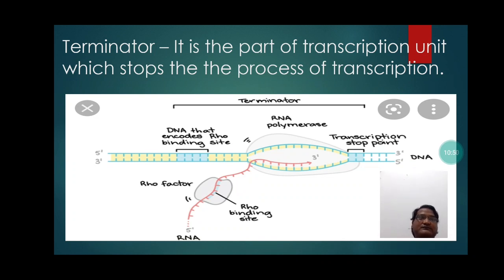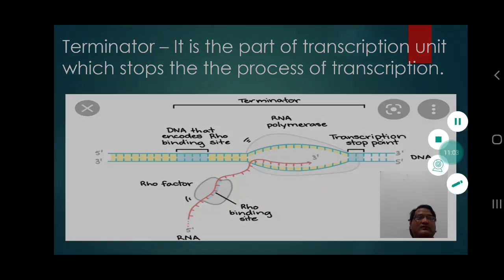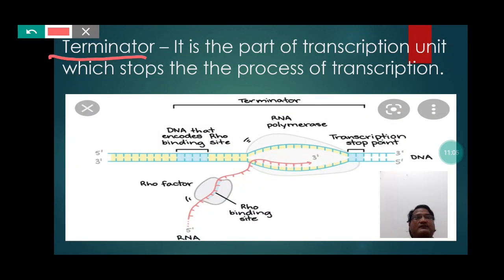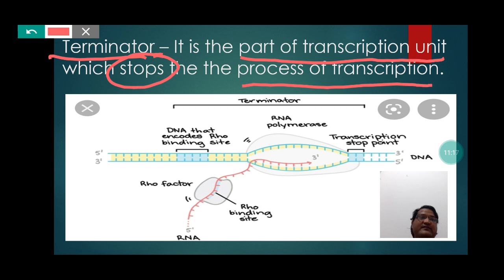Terminator. It is the part of transcription unit which stops the process of transcription. So students, terminator is the last part of the transcription unit, and the main function of which is to inhibit, that is stop, the process of transcription.